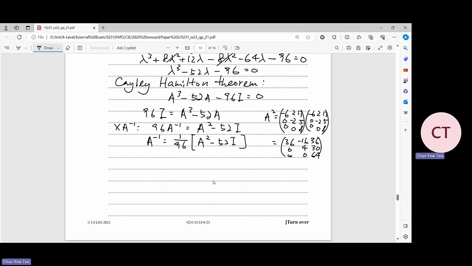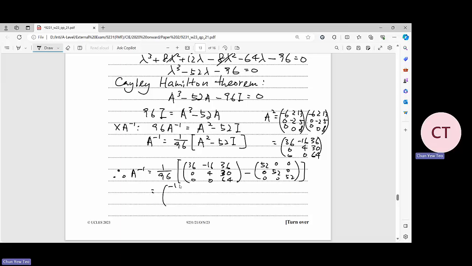If you expand it, then therefore your A inverse will be equal to 1 over 96 of A squared, write down the 52I, 52, 0, 0, 0, 52, 0, and 0, 0, 52. Expand, simplify. You will get this answer.